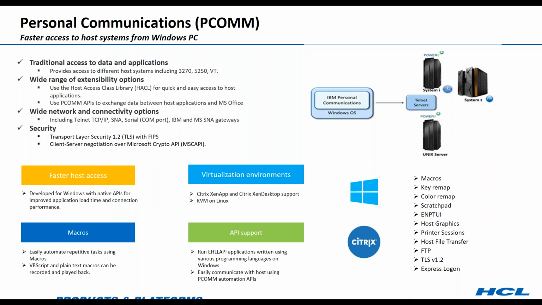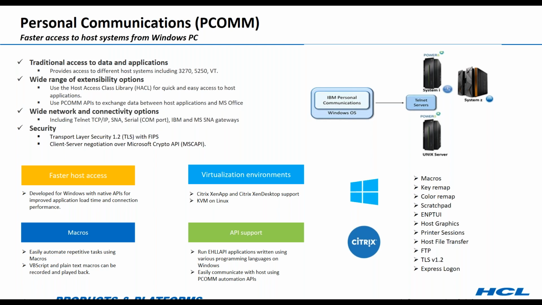For ease of access and navigation through host screens, Personal Communications supports macros, which are essentially script files that can be written as plain text or VB macros. They can be used to perform day-to-day transactions relatively easily, so the user need not perform repetitive actions manually.